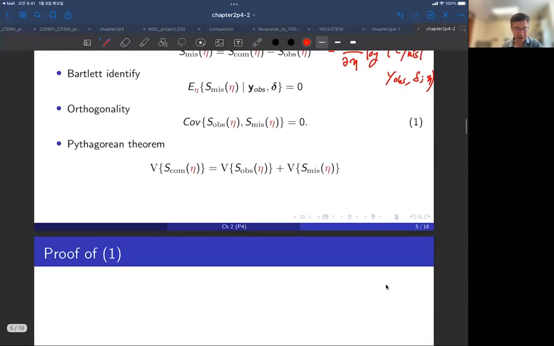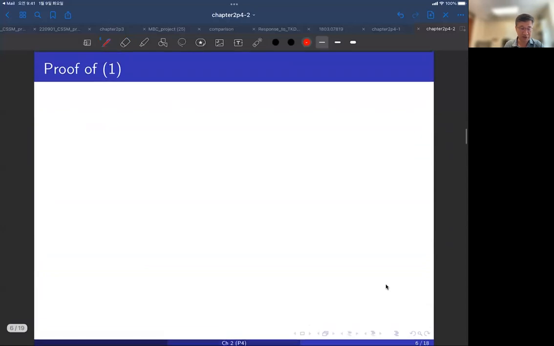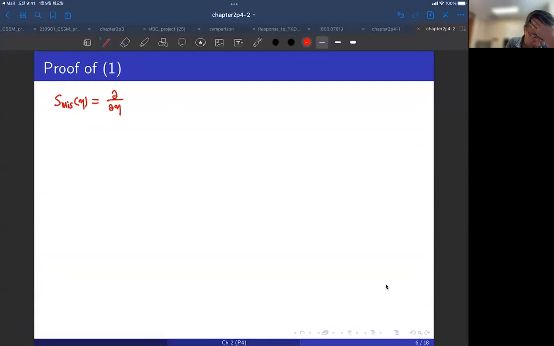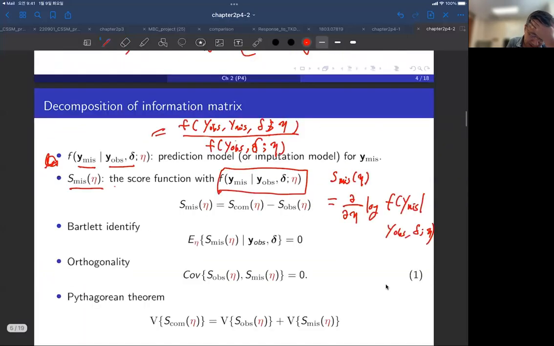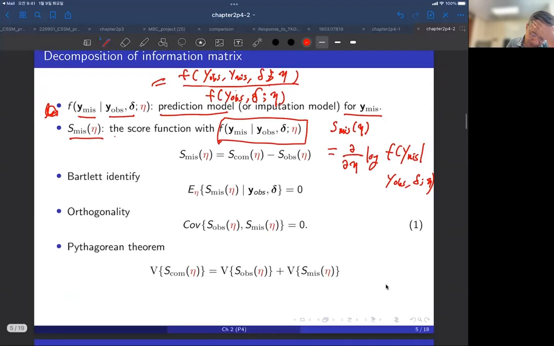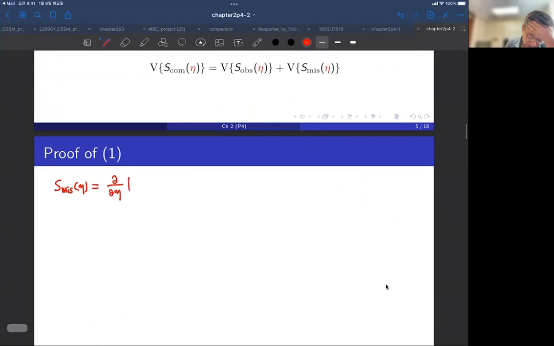Let me write it here. So S miss eta is the score function from the conditional distribution, which is sometimes called the prediction model for missing data. So it is the log of the prediction model of the missing data given observed and delta.